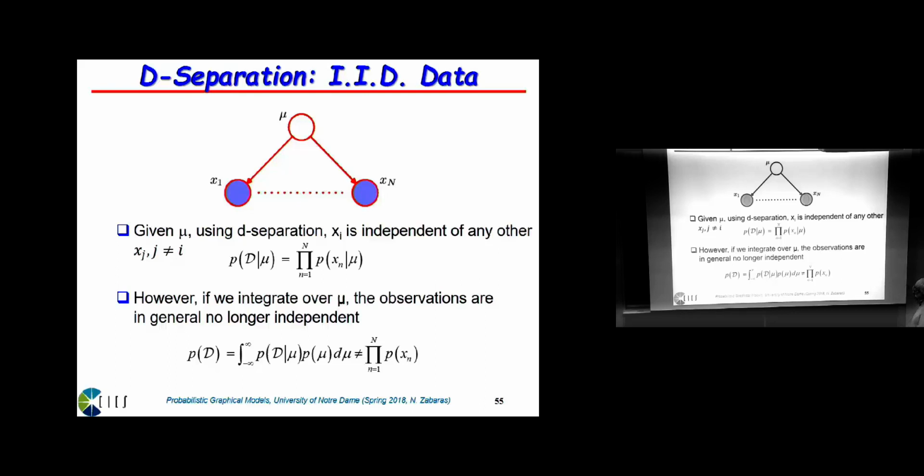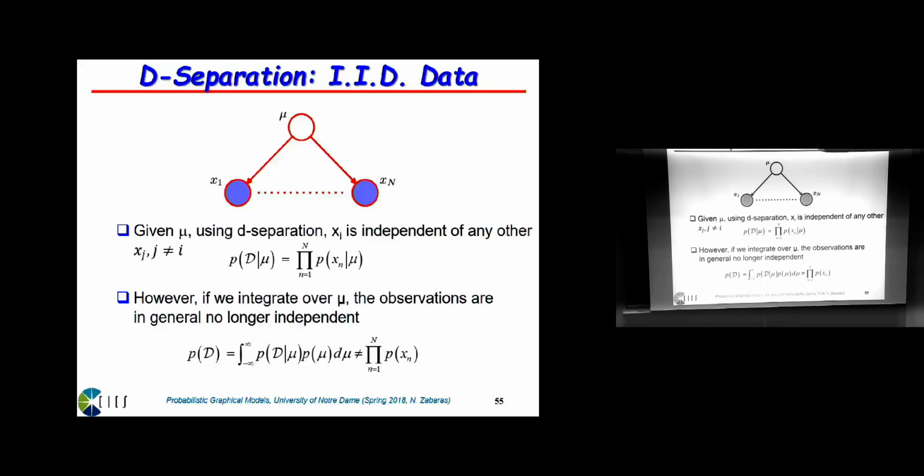Actually, this can be an indicator variable that tells you which Gaussian in a mixture you use. But the idea here is, when you look at the probability of the data, x1 to xn, each of these xi's given mu is independent. All right? This is the IID assumption that you use in every statistics course you take.